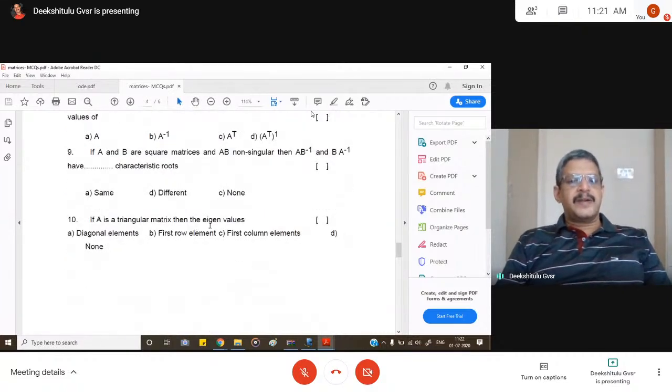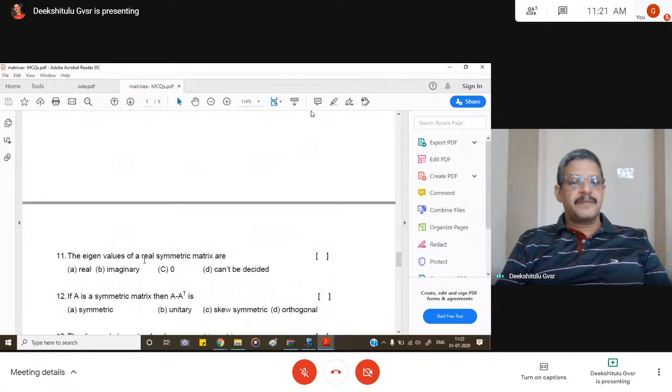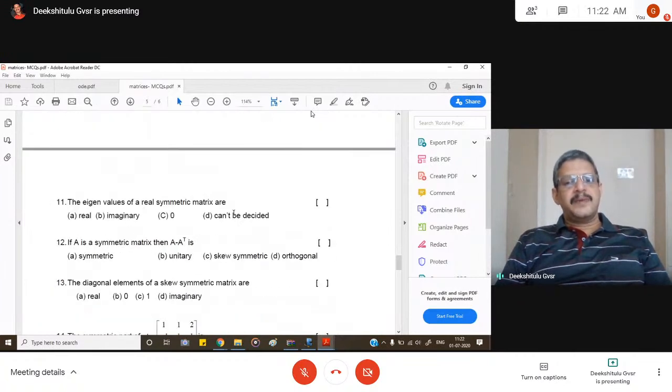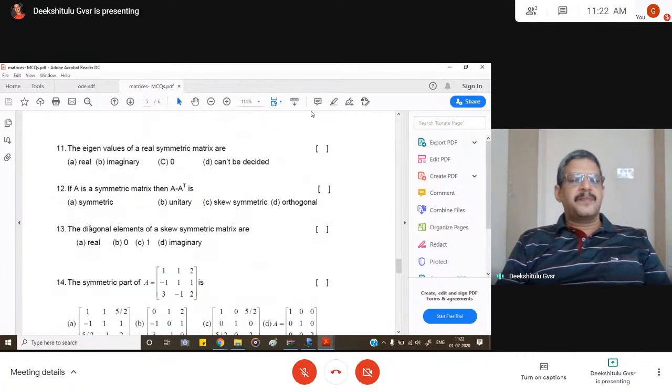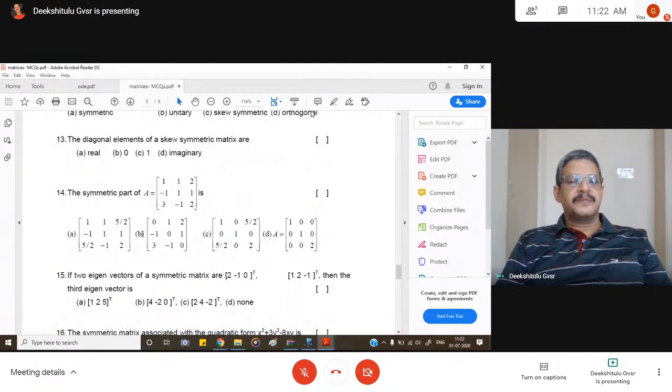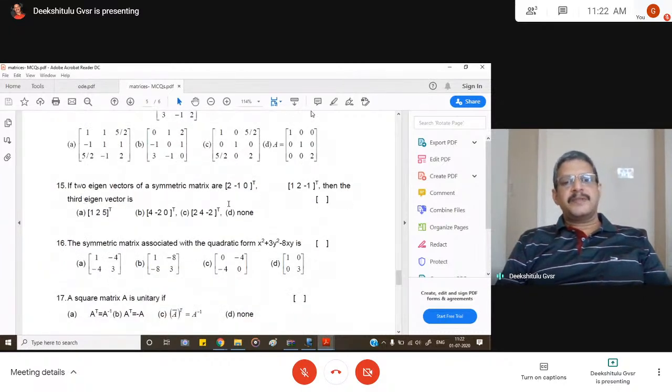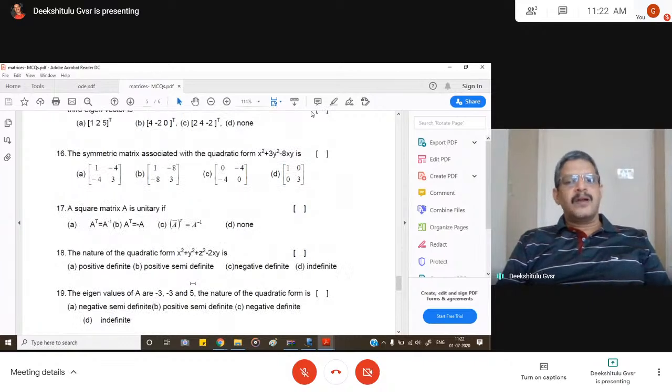If A is a singular matrix, then the eigenvalues. If A is a triangular matrix, then the eigenvalues are the diagonal elements. The eigenvalues of a real symmetric matrix. These are the basic principles. The symmetric part, the two eigenvectors of a symmetric matrix, then the eigenvector third element is 1, 2, 5. They are all based on the properties only.